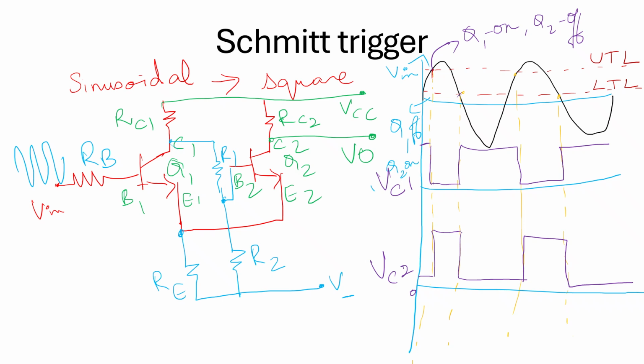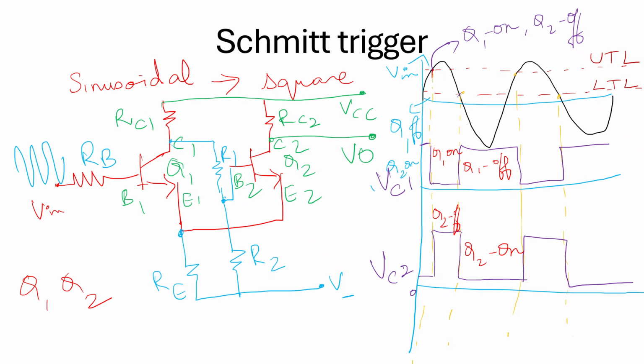So we can tell that this is the position when Q1 is on, Q2 is off. This is Q1 off, Q2 on. So this is the output which is generated across both the collector terminals of the transistors Q1 and Q2.